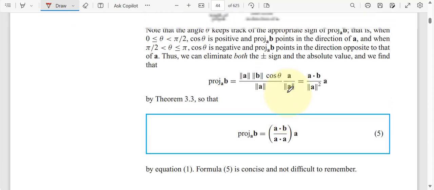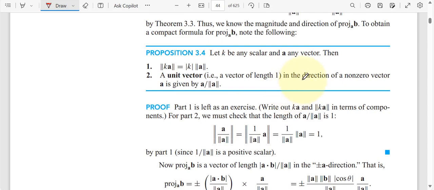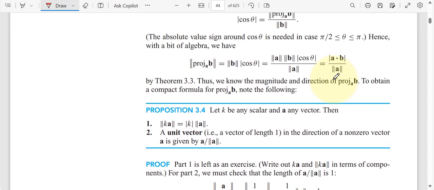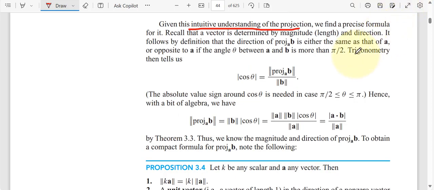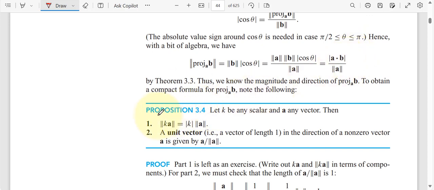So we have to prove the formula, and actually I'm not going to prove it, although the proof is important, but I won't do it here. We'll just scroll through it, and you can see that before they prove it, they state this proposition.